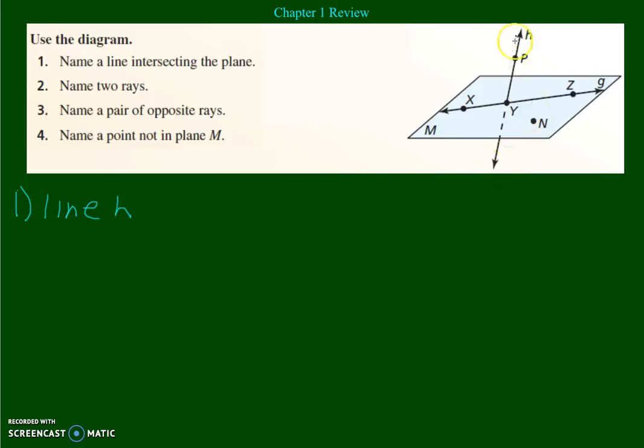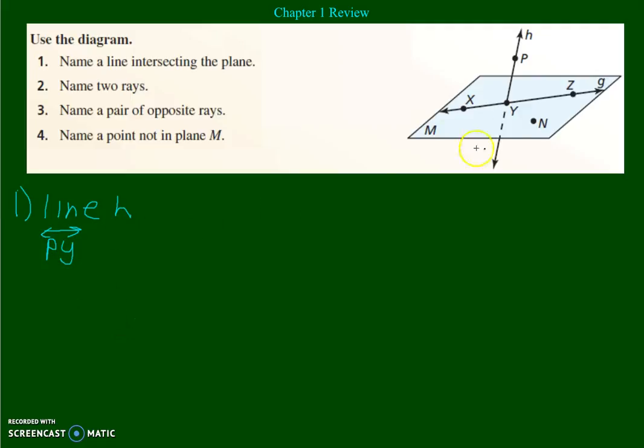Now, another way to name this line is with any 2 points on the line. So we could say P, Y, and then we would put the line symbol over the top, which is a straight bar with 2 arrowheads. These arrowheads indicate that this object goes through Y and continues forever, and goes through P and continues forever.